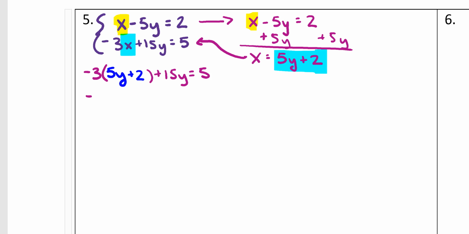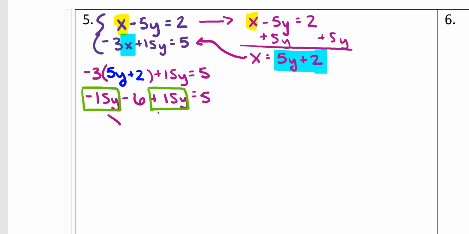So now distribute: negative 15y minus 6 plus 15y equals 5. Combine our like terms. Now you're going to notice when I combine negative 15y and positive 15y, that equals 0. There's no y's. So what that means is we end up with negative 6 equals 5.